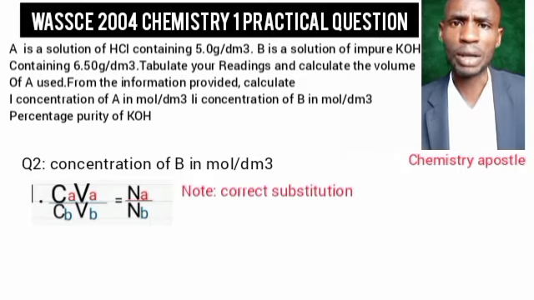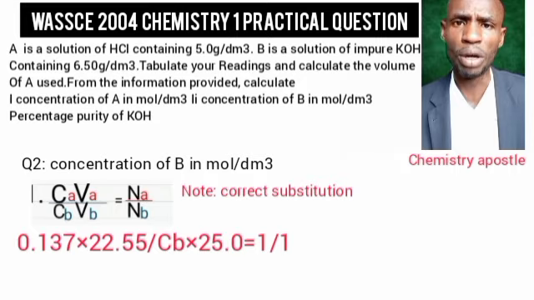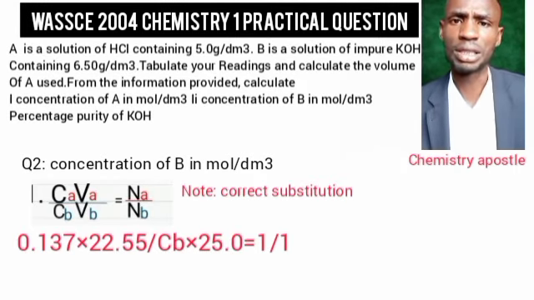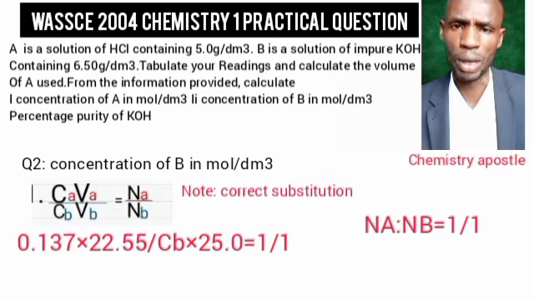So you are going to substitute Ca multiplied by Va, which is our volume of acid used, divided by Cb, which is our concentration of B, the one we want to calculate, multiplied by Vb, which is 25, the volume of our base, is equal to Na over Nb. Na over Nb is the mole ratio of acid to base, and it is 1/1.